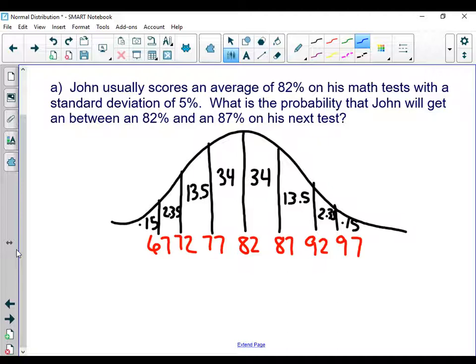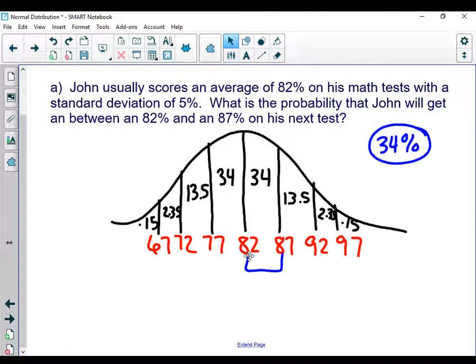So if you added incorrectly, it's going to show up on this bottom line here. So between 82 and 87, what's the probability? 34%. So the hardest part is remembering the percentages and making sure you can add and subtract. From there, I can ask you a ton of questions.